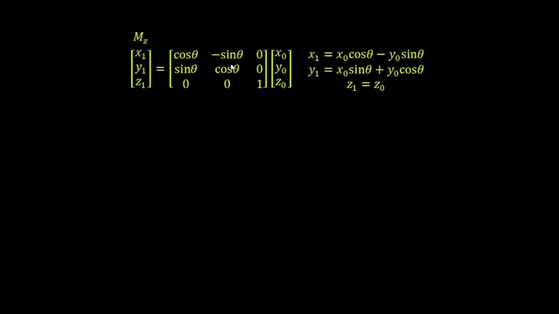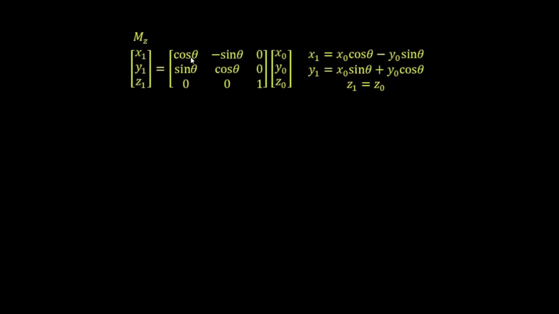What we see here is the matrix equation for the rotation around the z-axis. It's very similar to what we've seen previously. We have our cos theta, minus sine theta and cos theta, which we've seen in the two-dimensional case, and x1, y1, x0 and y0. But we've extended this to an extra dimension.